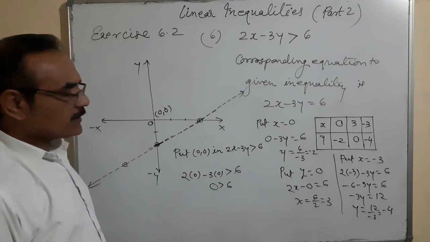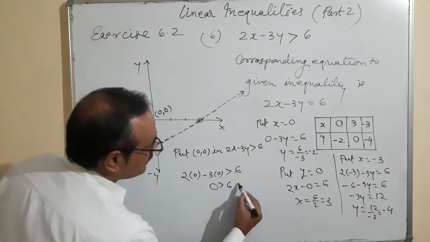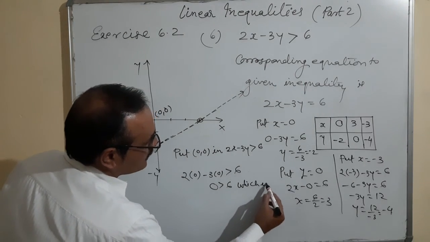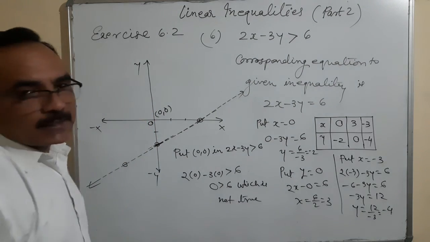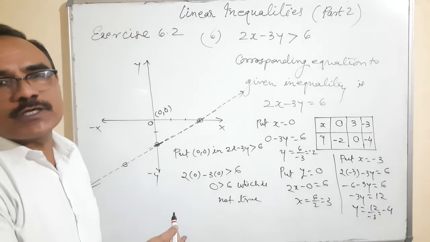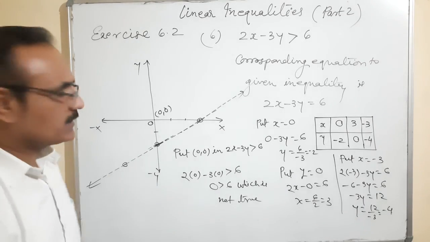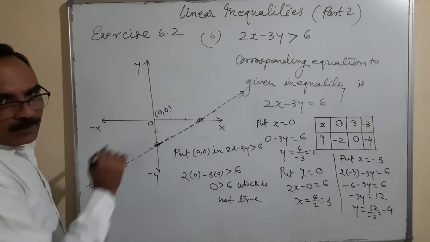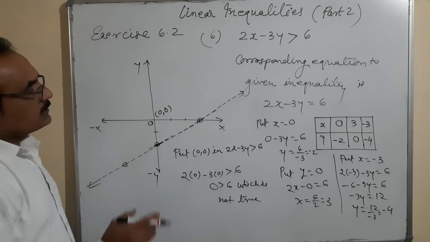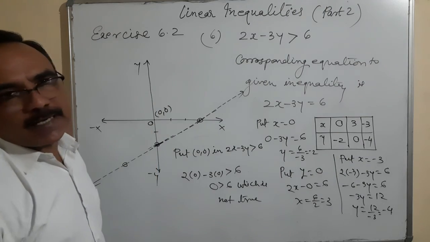What does it mean? Which is not true. 0 is always less than 6. And if 0 is greater than 6 is false, that means this portion is not the representative of the linear inequality.